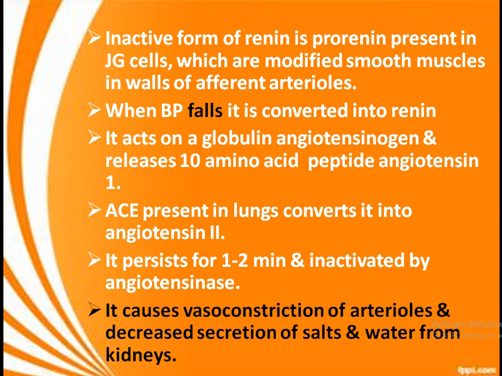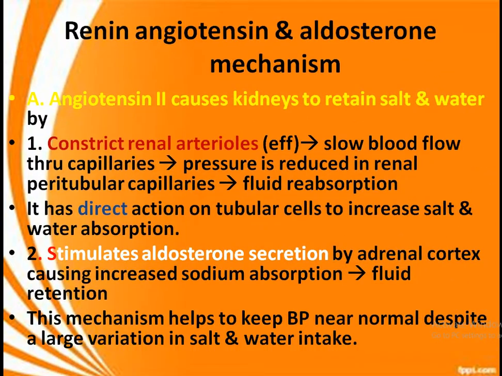This salt and water excretion is not only because of the release of the angiotensin 2, but also it is controlled by the aldosterone, another hormone, and we will discuss it also in following slides. So the angiotensin 2 causes kidneys to retain salt and water by constriction of the renal arterioles.